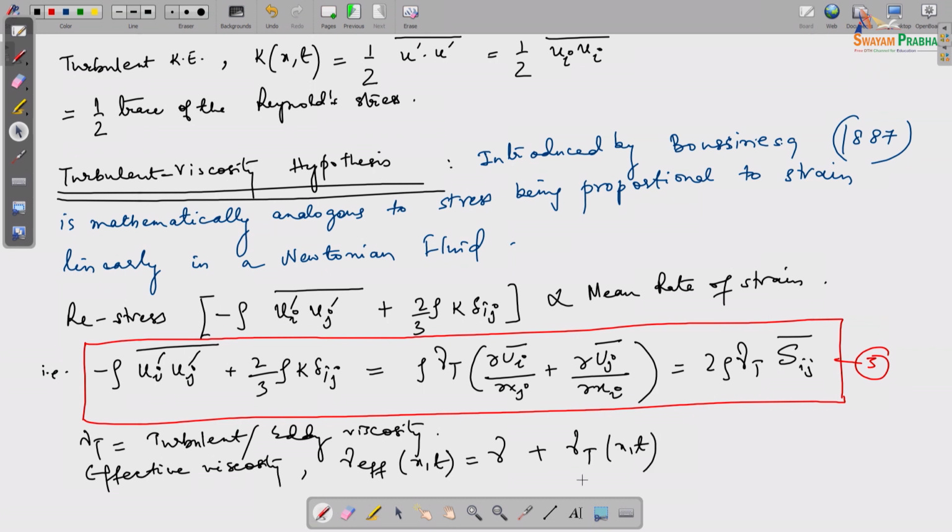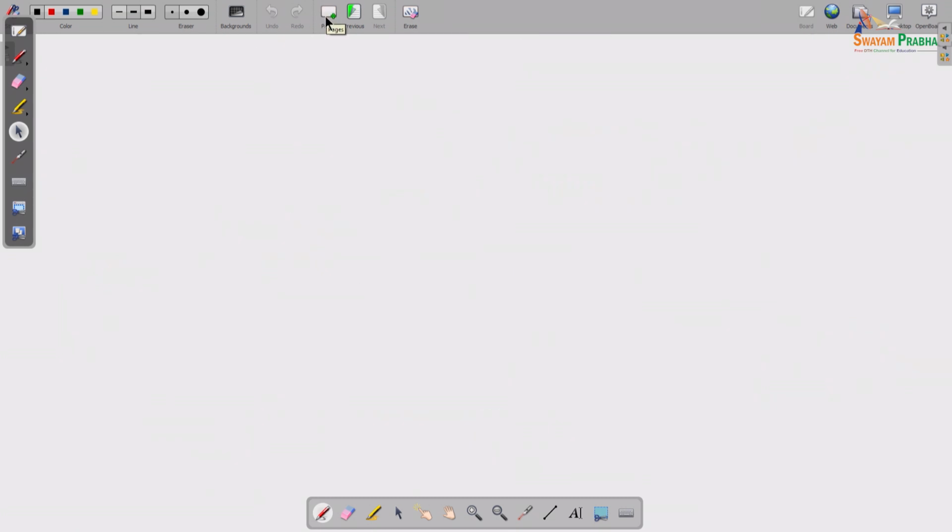Now just one more thing before we stop. So now that is equal to the effective viscosity.